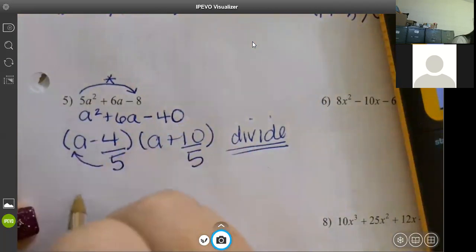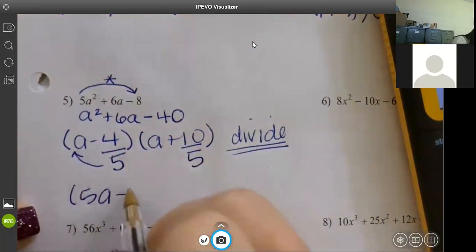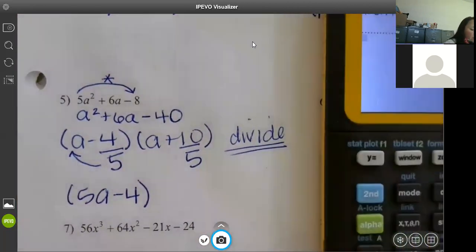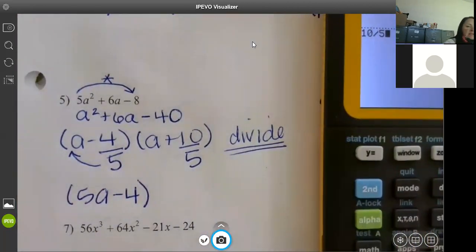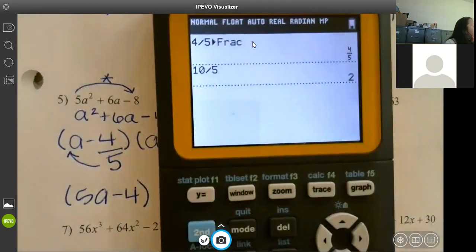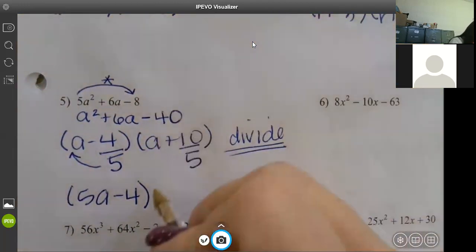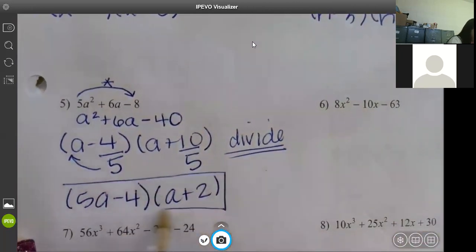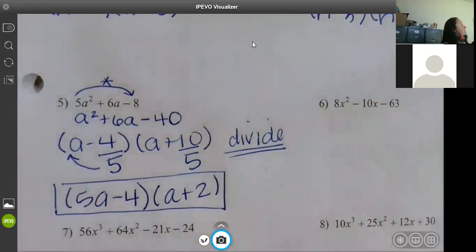So I'm just going to move it to the front. So your first factor is 5a minus 4. And then if you put in 10 divided by 5, you get 2, or you already knew that it was 2. So this turns into a plus 2. That's it. So slide, cheater method, divide.